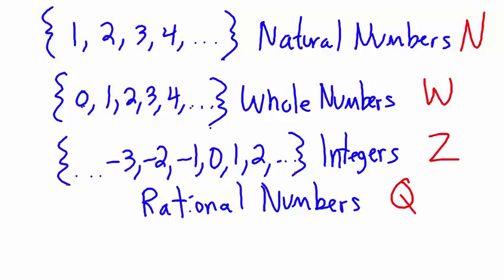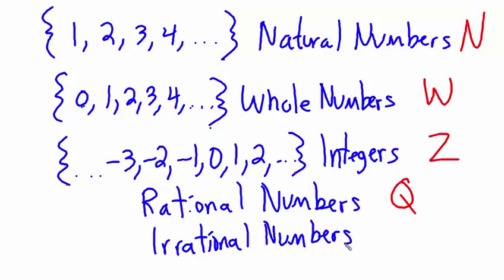Those numbers, if you type into a calculator, the calculator will stop because it runs out of screen space. But in actuality, that string of decimals goes on forever without any sort of pattern to it. And those are called irrational numbers. And those get abbreviated with the I.